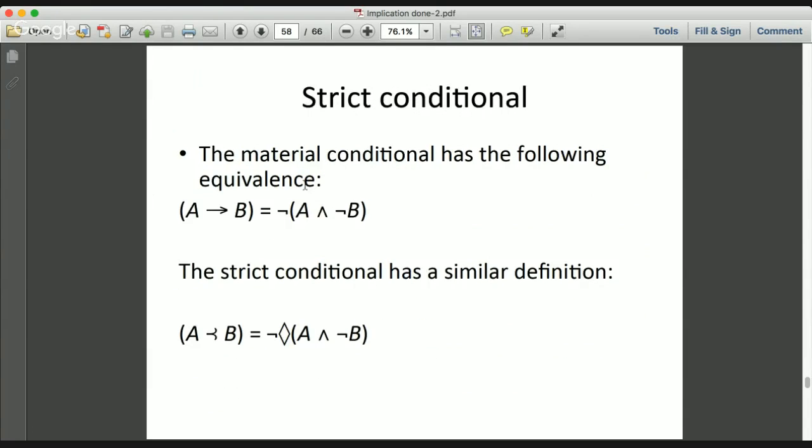So the material conditional has this equivalence: if A then B is equivalent to not A and not B. Lewis's idea was that the strict conditional has a similar equivalence. A strictly implies B means that it's not possible that A is true and B is false. It's not just that A isn't true and B is false. It's that it's not possible that A is true and B is false.